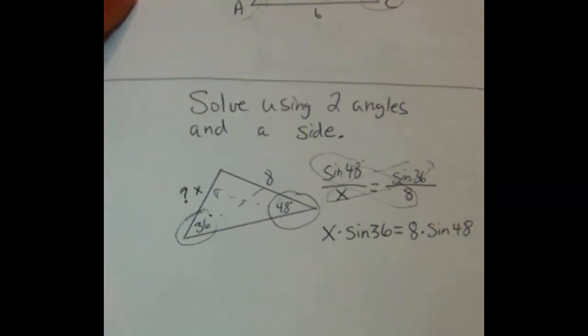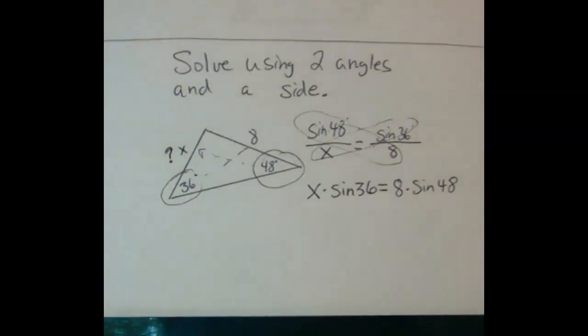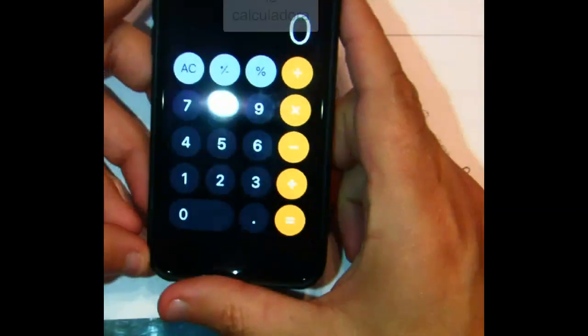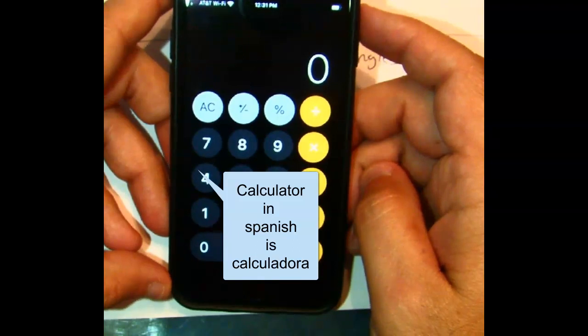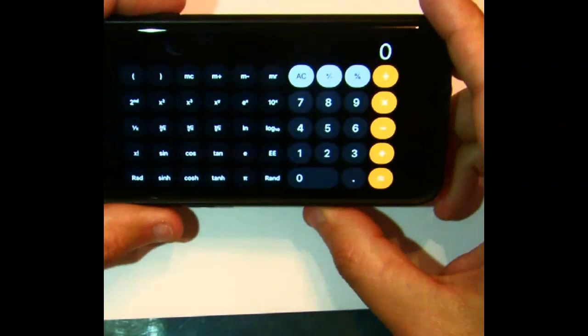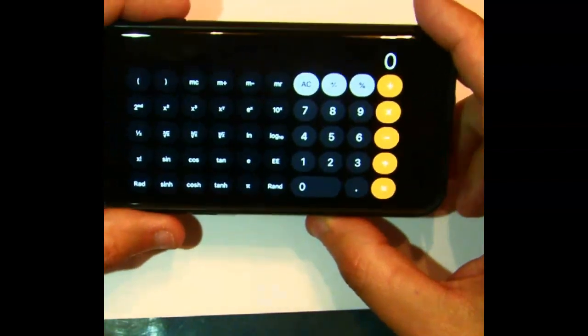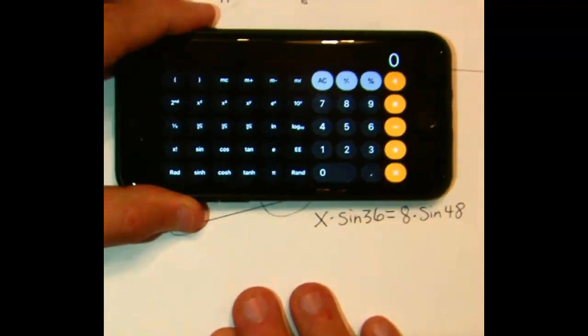Now we have to figure out how to put this in your calculator. If you open up your phone, most of you will see a calculator that looks something like this. But if you turn it sideways, it becomes a scientific calculator.